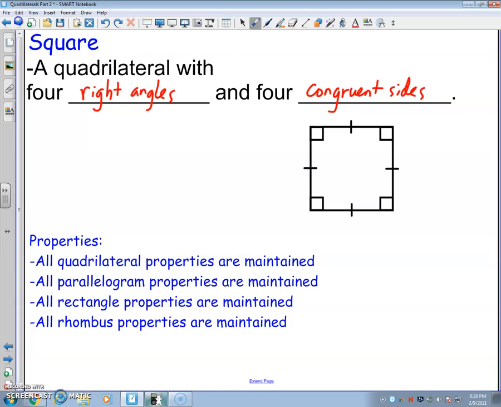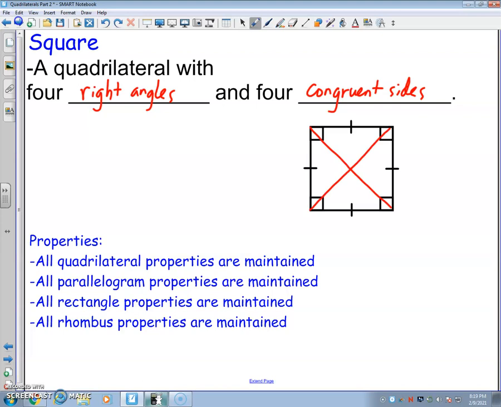So the properties here, since all quadrilateral properties are maintained, all parallelogram properties are maintained, all rectangle properties are maintained, and all rhombus properties are maintained. So all sides are equal to each other, opposite sides are equal, all angles are 90, opposite angles are equal. Diagonals, they do bisect each other from parallelogram.